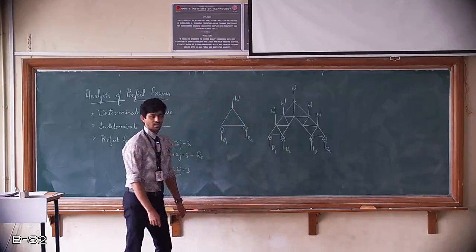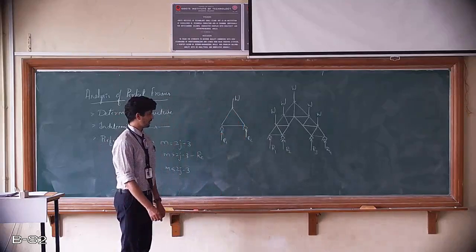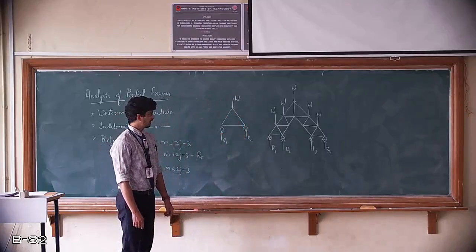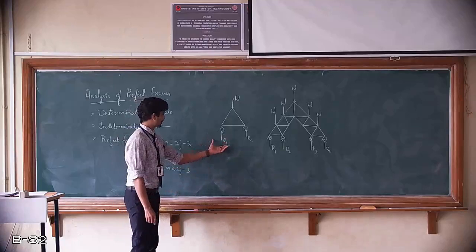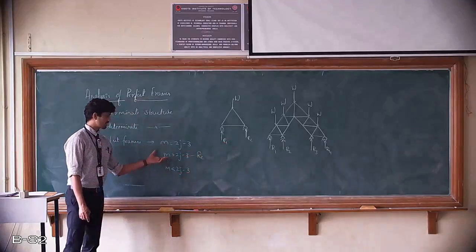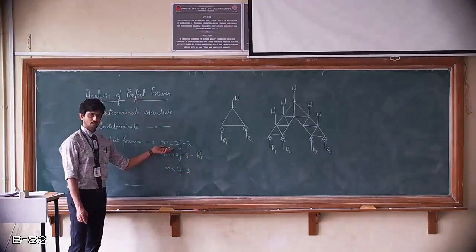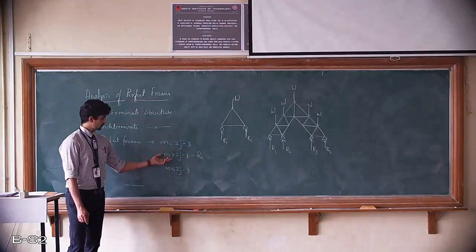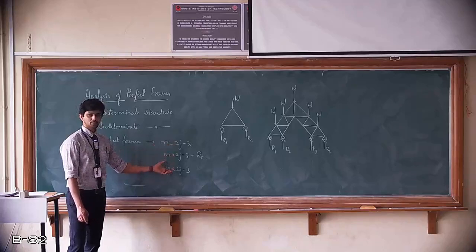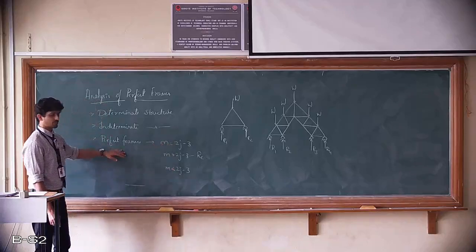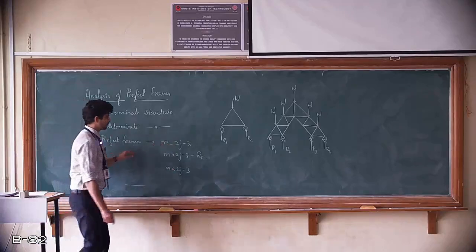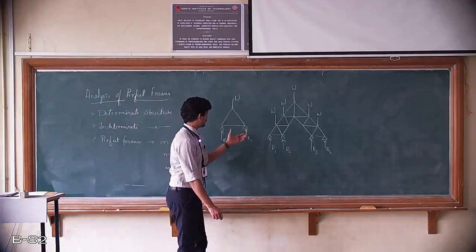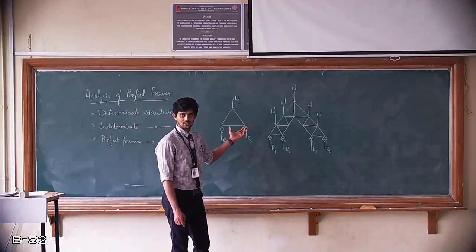Now when we have a structure, specifically trusses like this, first we will try to find whether it is a perfect frame, perfectly stable, or redundant, or unstable. Then in these equations, we will try to find how many known and unknown forces there are.